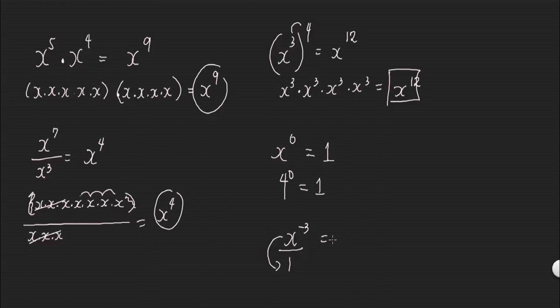So, mangyayari dyan, we have 1 over x raised to 3. Okay? The negative 3 will become positive in the denominator. Kasi pinunta natin siya sa ilalim ng tulay. Okay, that is the fifth example.